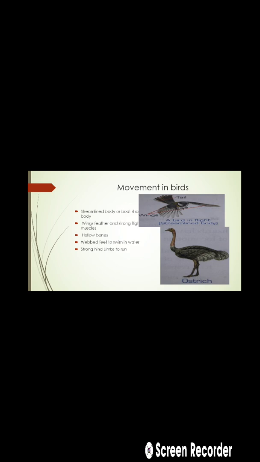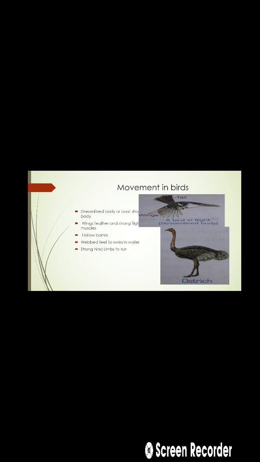They have strong muscles which help them to fly. Their body is covered with feathers which help them to fly. Their bodies are lightweight because of their hollow bones, which are filled with air, and this also helps them to fly.